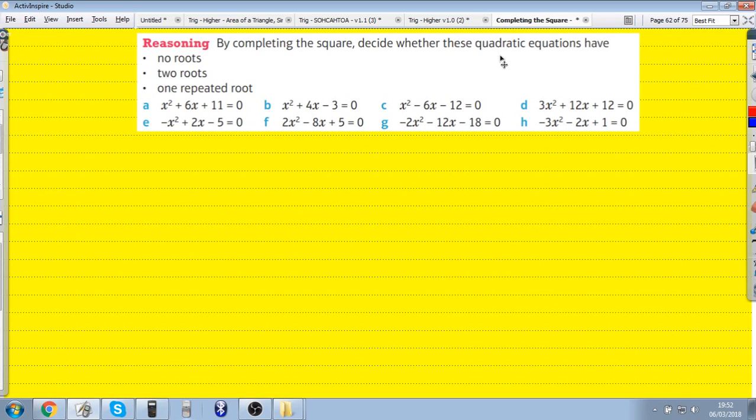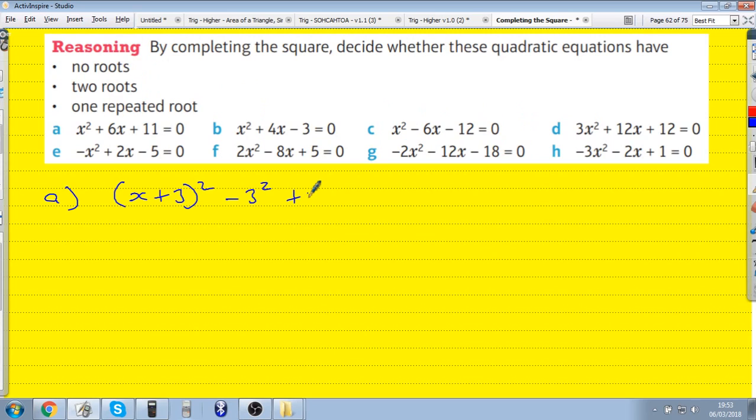So (x + 3)² minus 3² plus 11, which is minus 3 plus... equals 0.